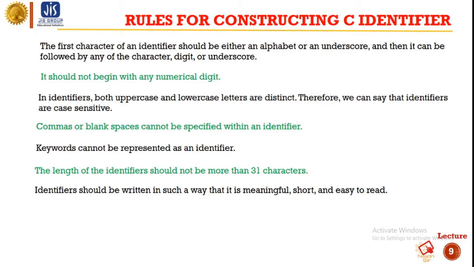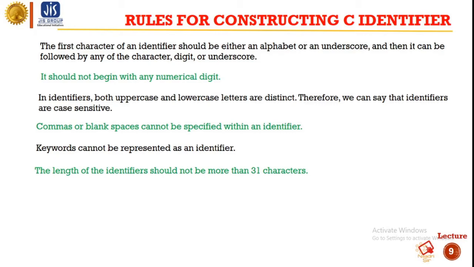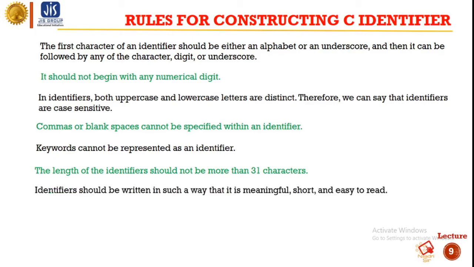If I take a, b, c, it will not give an error, but it is not meaningful. The length of the identifier should not be more than 31 characters, and it should be meaningful, short, and easy to read.